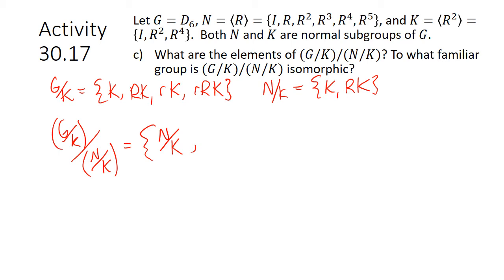And then the only thing that I have in G mod K that I don't have in N mod K is the little r element. So I'm just going to do little r times N mod K. And so that'll multiply little r by both of the cosets in N mod K. And that should give me everything. And then again, this is a 2-element group, so it's isomorphic to Z2.